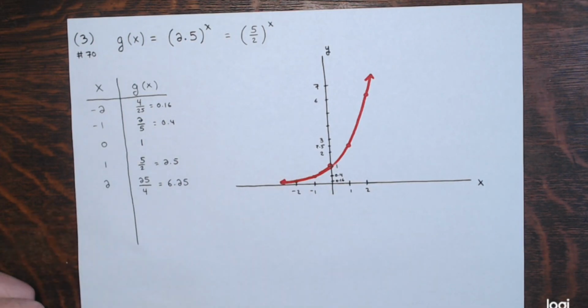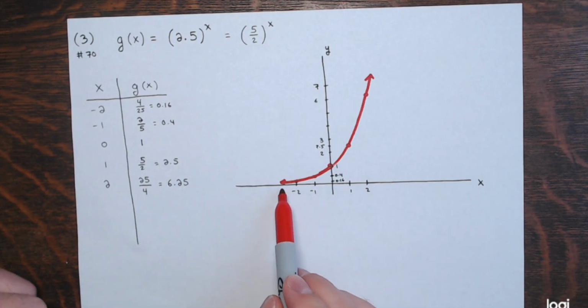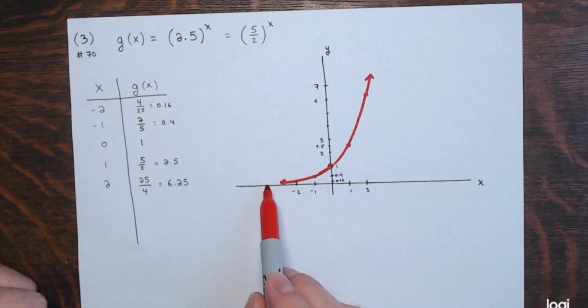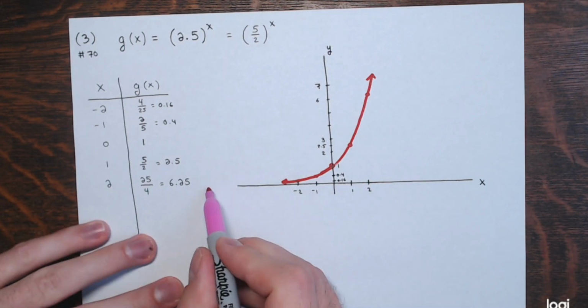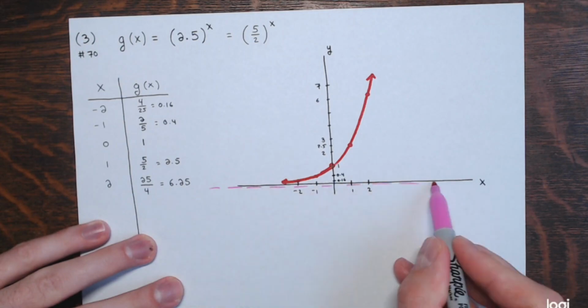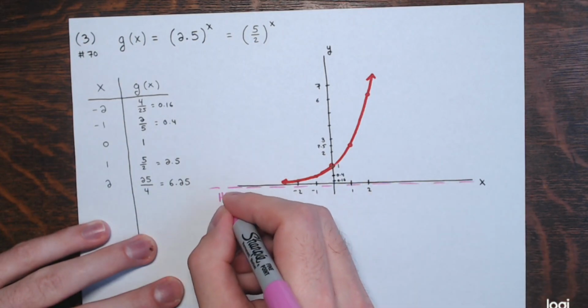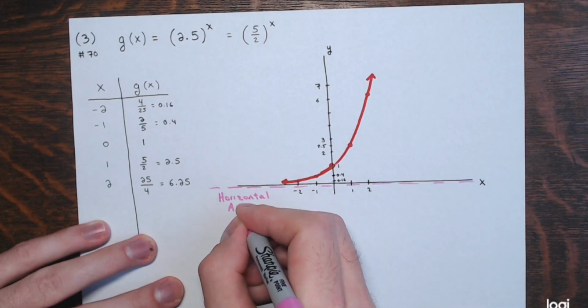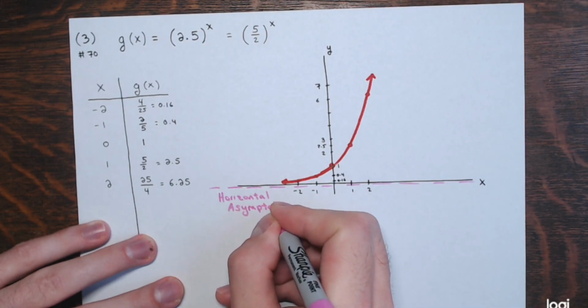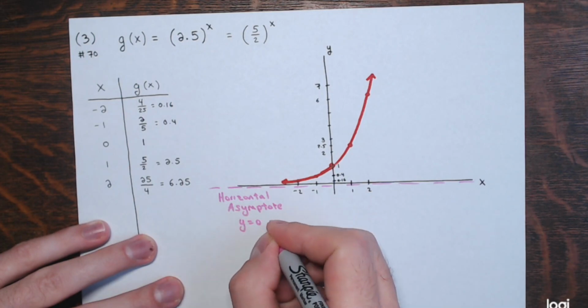If you plug in -3, still positive. Plug in -4, still positive. Just very, very tiny, and getting closer and closer to 0. So once again, we have our horizontal asymptote of y equals 0. The x-axis, yet again.